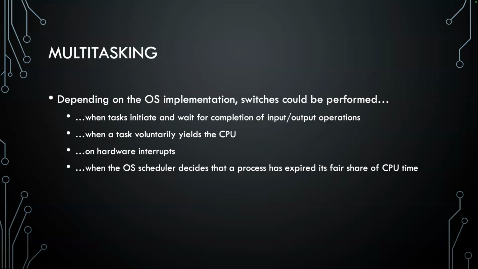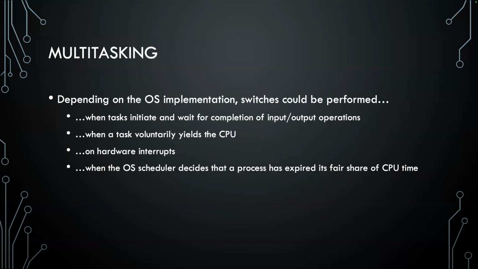Depending on the operating system and the implementation, switching between those processes could be performed when a task initiates and waits for the completion of input-output operations. That's less common, right? Imagine if everything stopped while you uploaded a file to Google Drive. That'd be insane. A task can voluntarily yield the CPU.